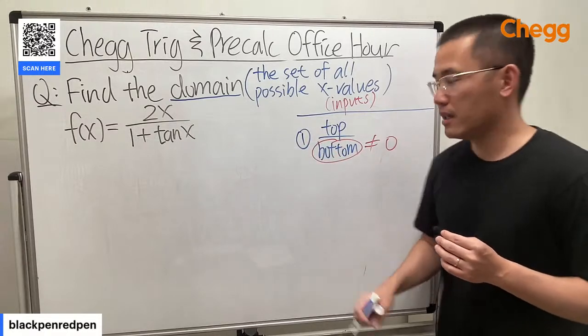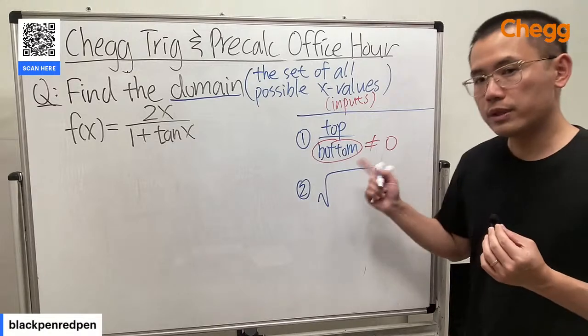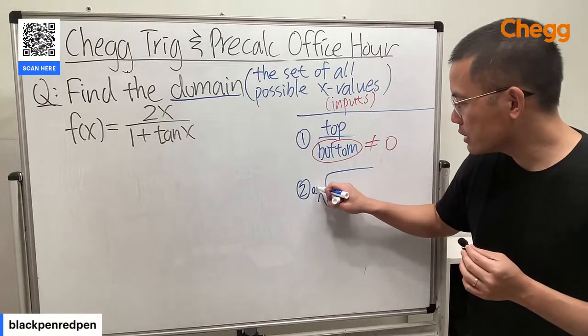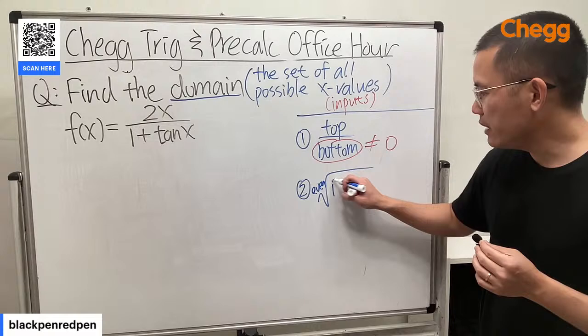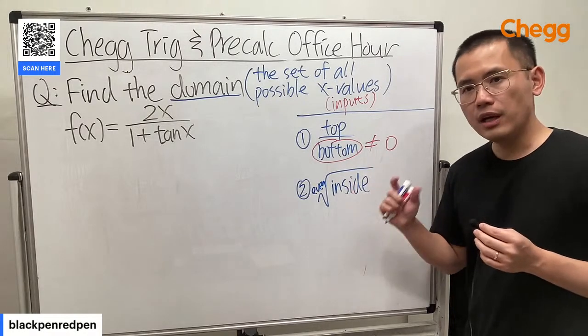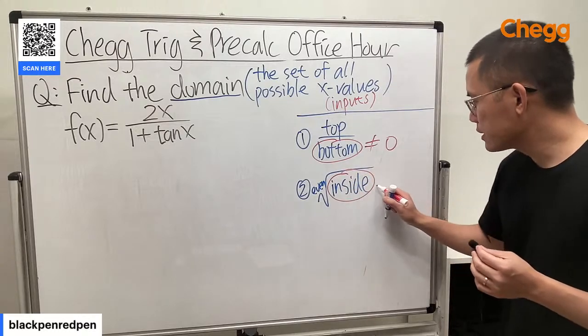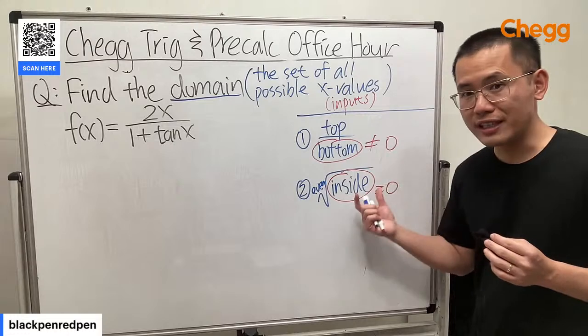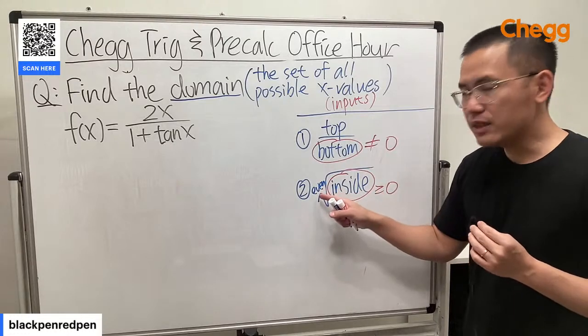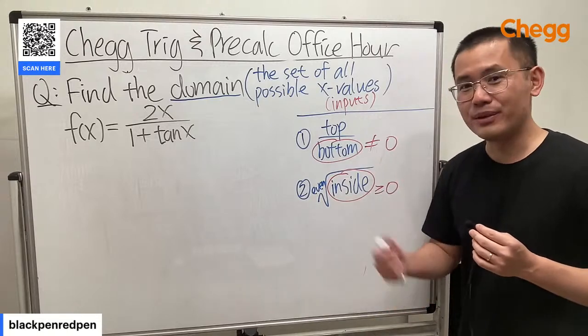Now, for the second case, if you have a square root, or technically any even root, of an expression inside, you have to make sure that the inside is greater than or equal to 0. Just the inside. If it's an odd root, like a cube root, don't worry about it. It's okay to have a negative number inside a cube root.